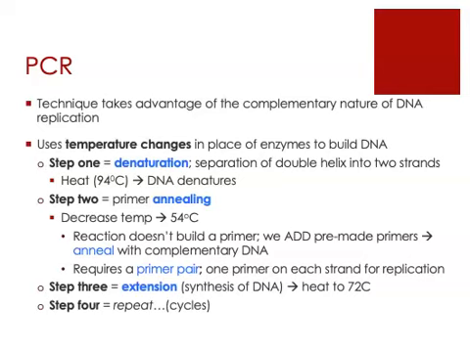The PCR technique takes advantage of the natural process of DNA replication because of the complementary nature of DNA. Remember, inside the cell, the DNA polymerase enzyme is able to make new DNA because it has some old DNA to use as a template.